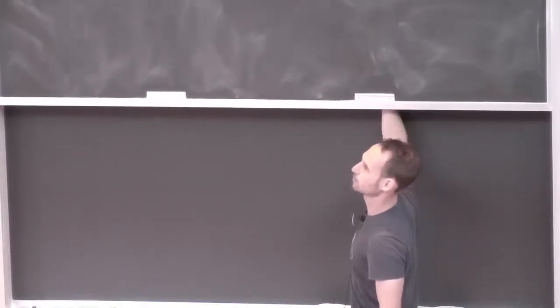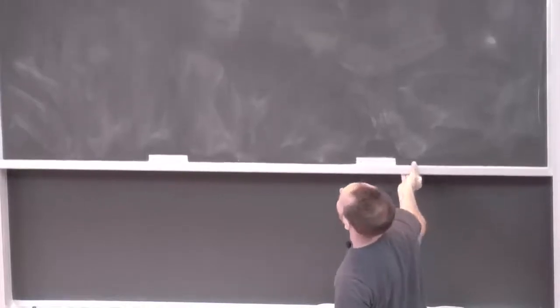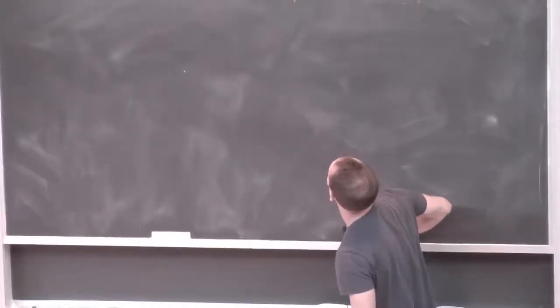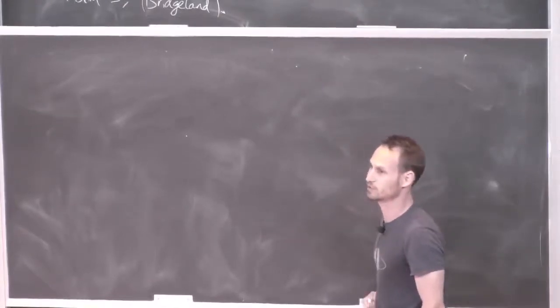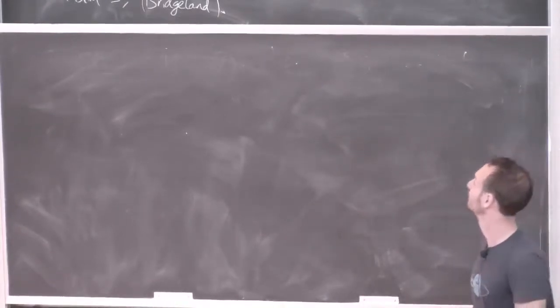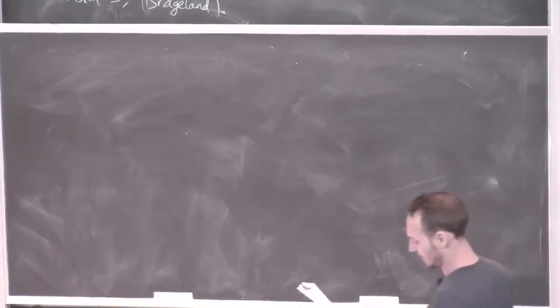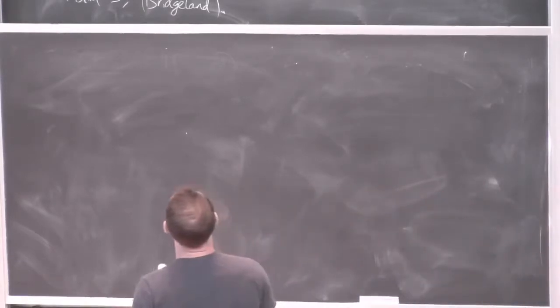And the converse is false, by the way. There are derived equivalent Calabi-Yau threefolds which are not birational. So it's not the same thing as being birational, but it seems to be closely related. If you want to be a little more precise, I stressed that this was supposed to be a local model.